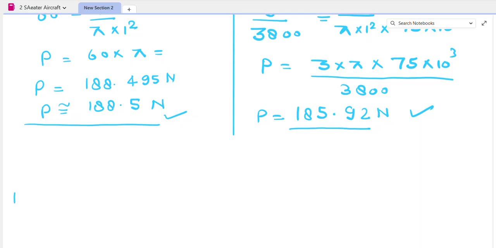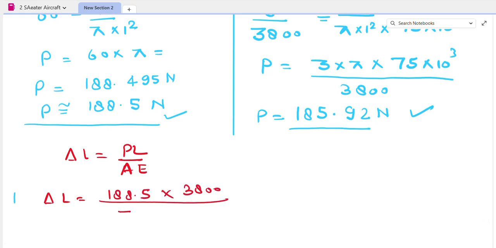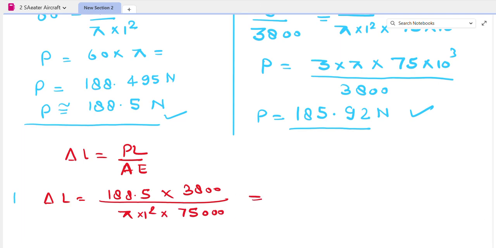Let me prove it. For verification, let me calculate delta L equal to PL by AE. P is 188.5, length we know 3800, area pi into 1 square, and E is 75 into 10 to the power 3. Let me calculate.